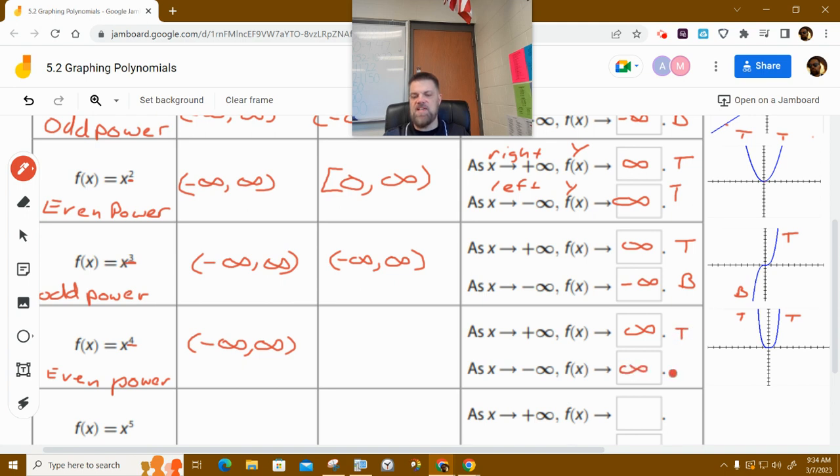As x approaches negative infinity, y approaches positive infinity. Okay? Now, the range is restricted, though. There are no negative y values, but you can have a 0, so it goes from 0, including the 0, up to positive infinity.